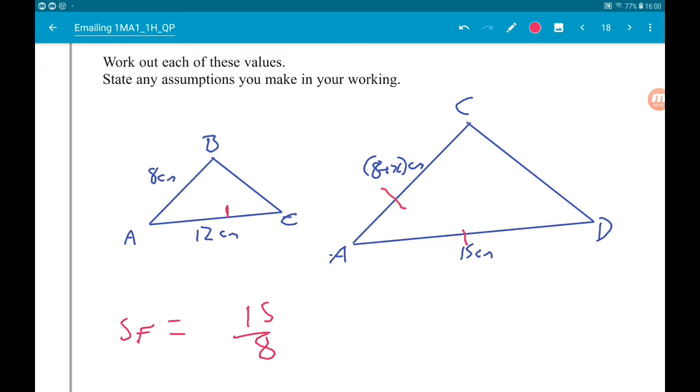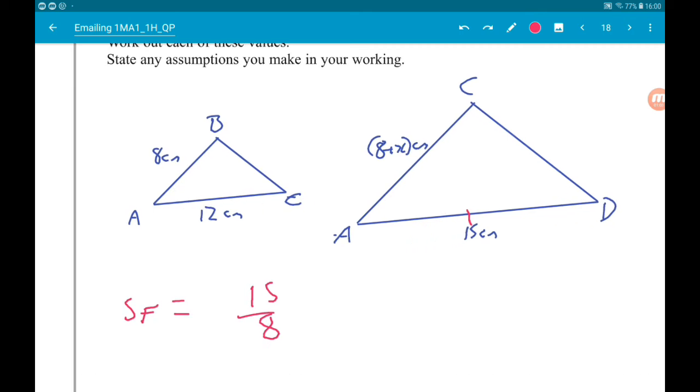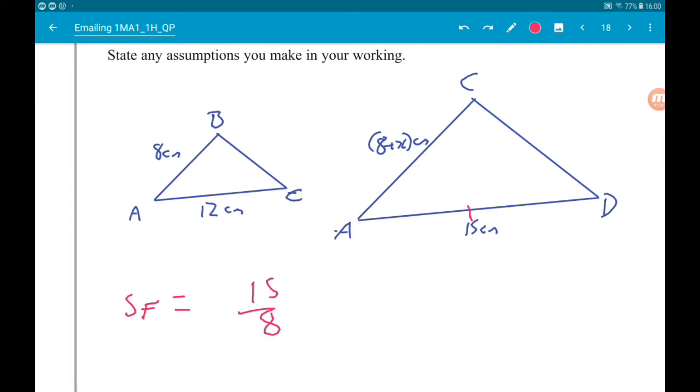So 8 add x is on the bigger triangle, so that would mean then that 8 add x is 15/8 times 12.